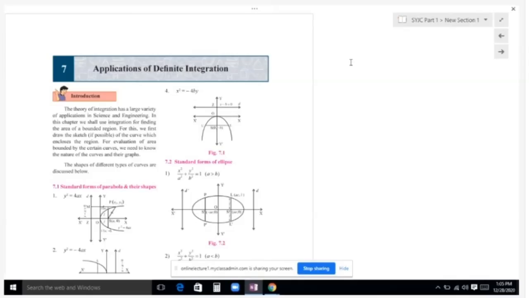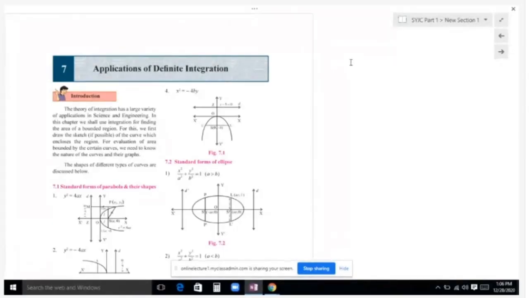And when we want to determine the volume of a solid, it can be obtained with the help of a definite integration. In this chapter, we are going to study its application.